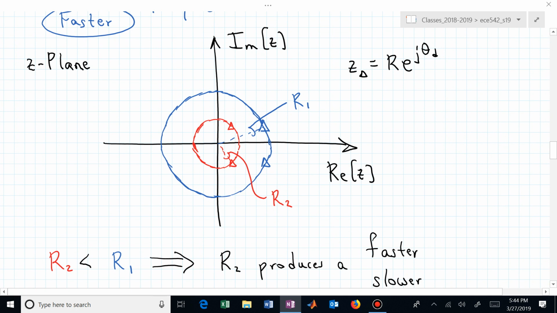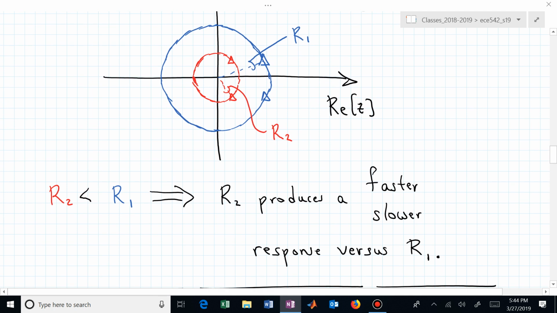So if we look at this diagram in the complex z-plane with two circles, an R1 circle and an R2 circle, with R2 being interior to R1, then R2 is obviously smaller than R1, and that R2 produces a, just tell me, since I couldn't follow thumbs, faster or slower response versus R1.